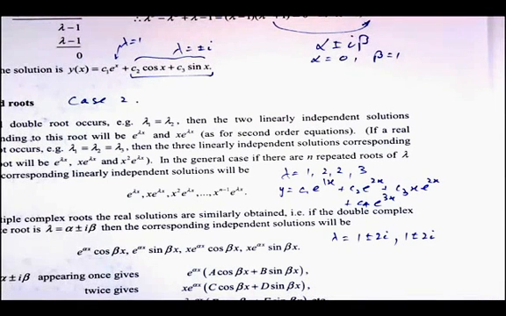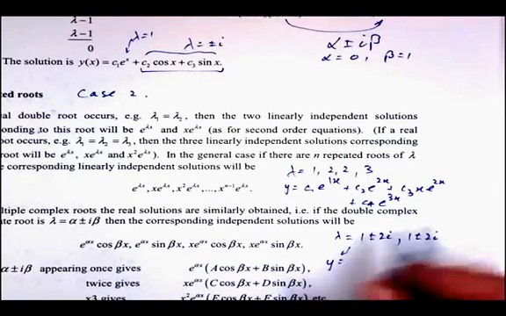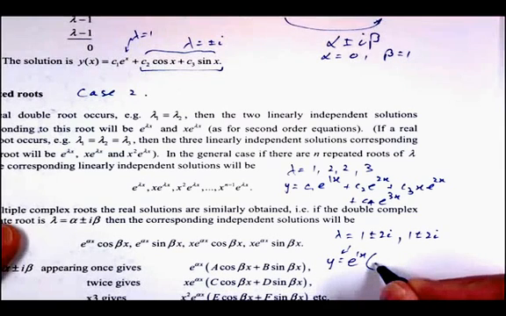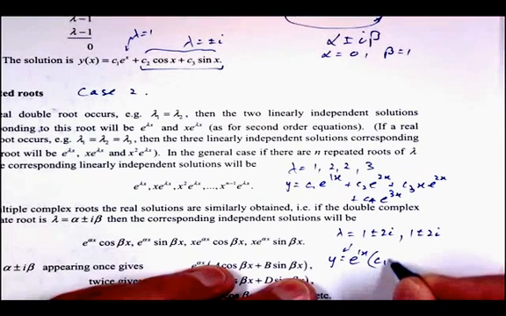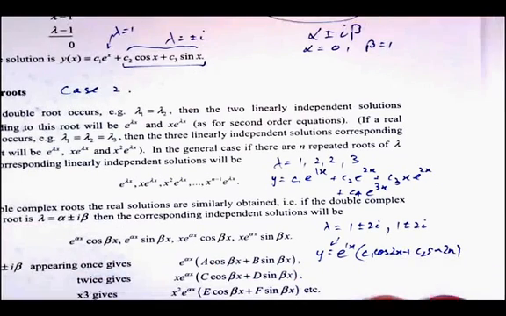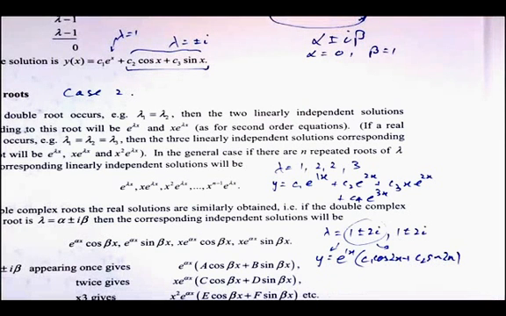But for this first solution, we would normally write down that y equals e to the 1x outside of, I'll call it c1 cos 2x plus c2 sine 2x. And that combination of two terms covers that pair of roots, the complex conjugate roots.